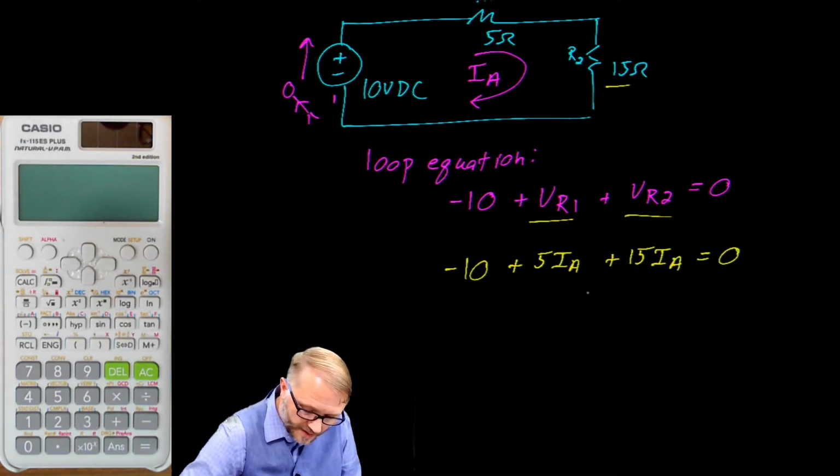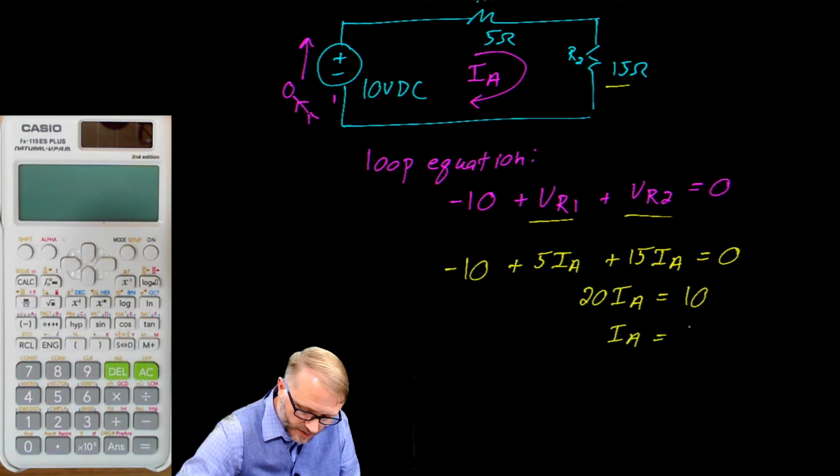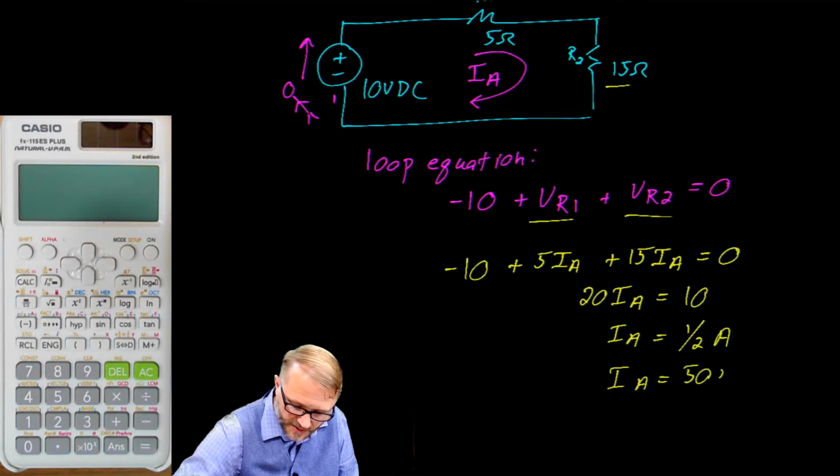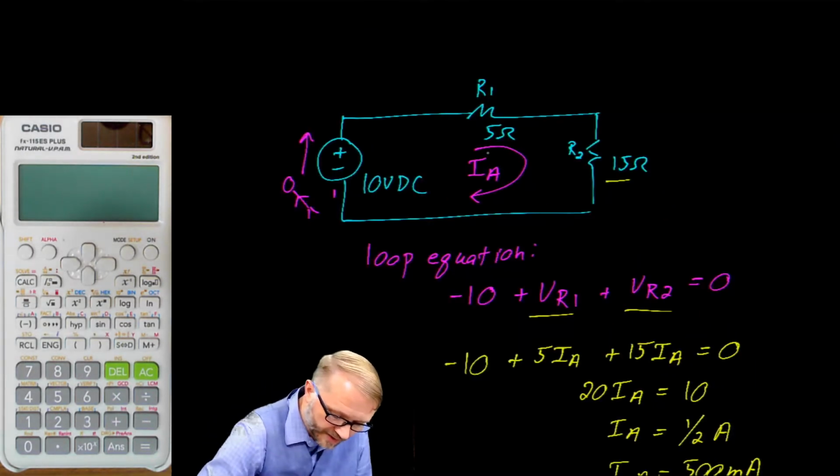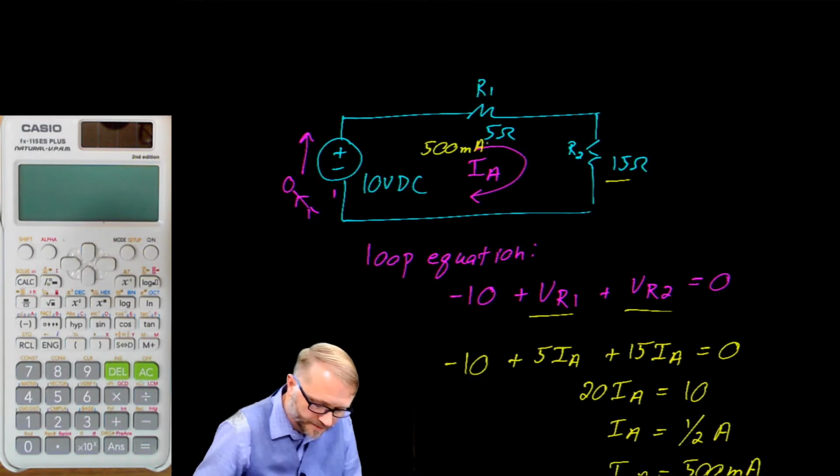And now we solve. And we say that 20 times current A is equal to 10. So current A is equal to 1/2 of an amp, or more appropriately, we would say this is 500 milliamps. So we go back up here, and we can say that there's 500 milliamps flowing in that circuit.